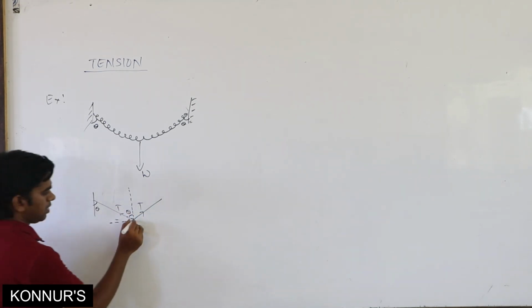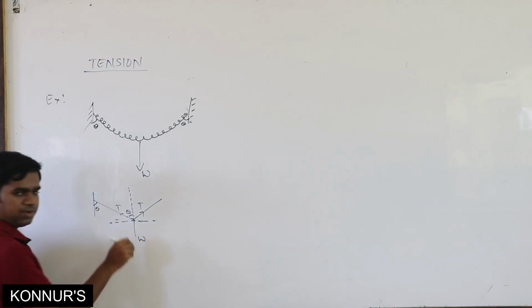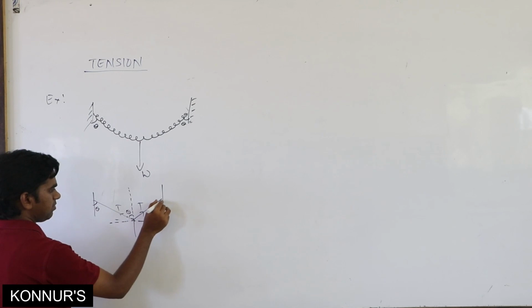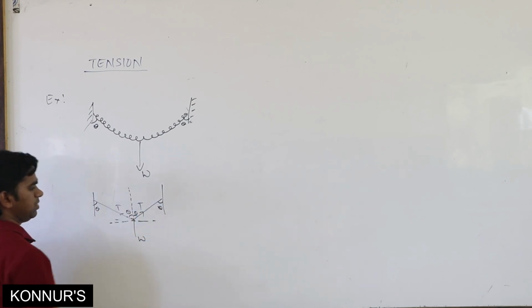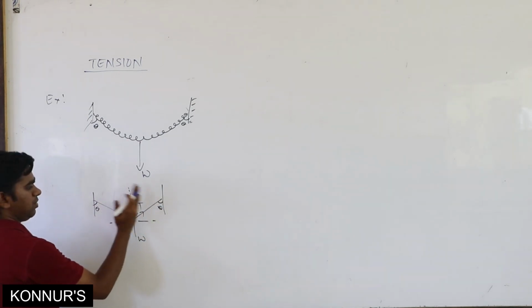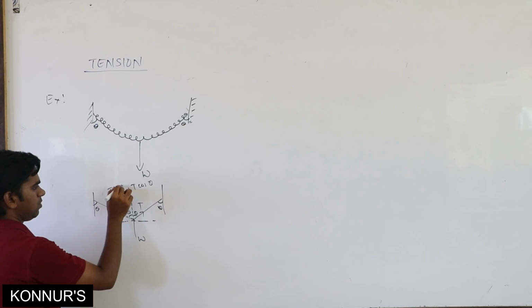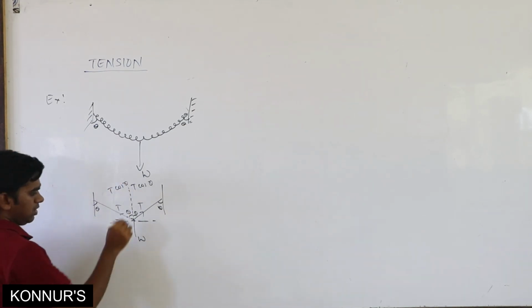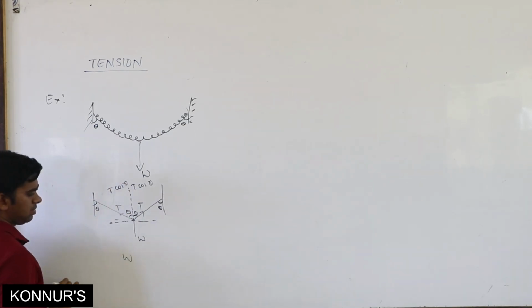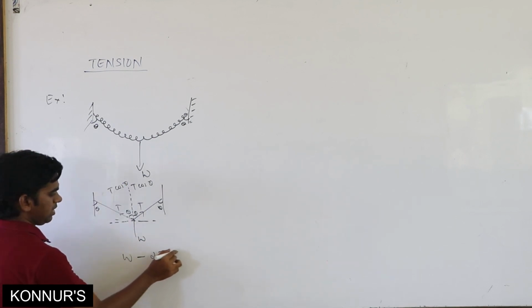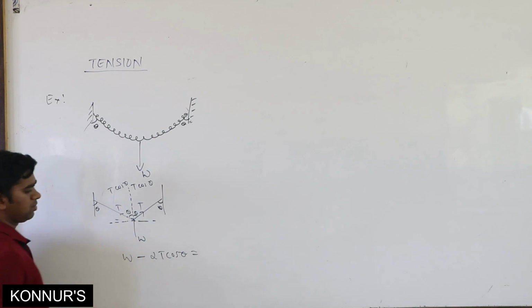Now W is already given, weight is mass into g. So if this is theta, this is also going to be theta. This tension you can write as T cos theta, and this side also T cos theta. So the net downward force is its weight, minus the net upward force 2T cos theta, equals mass into acceleration.